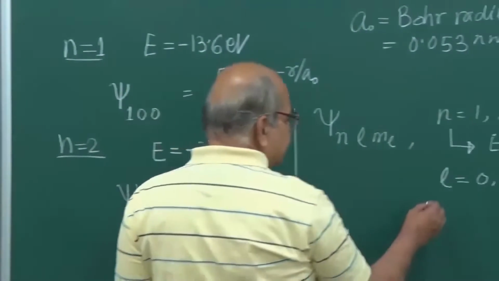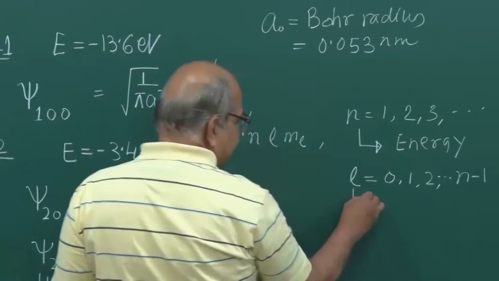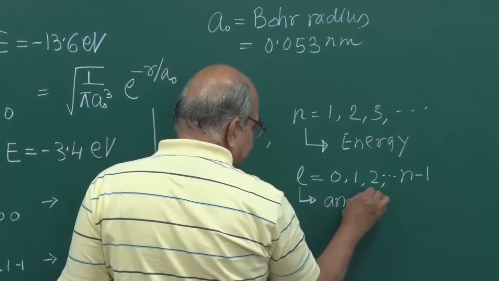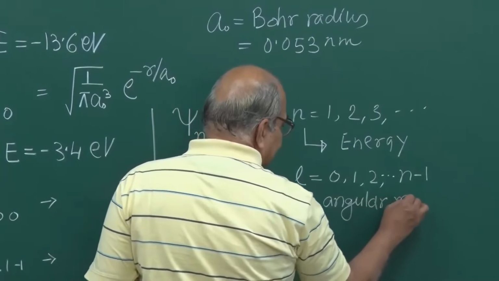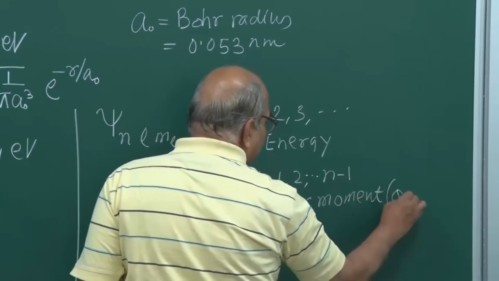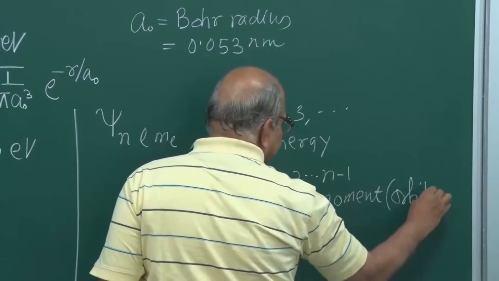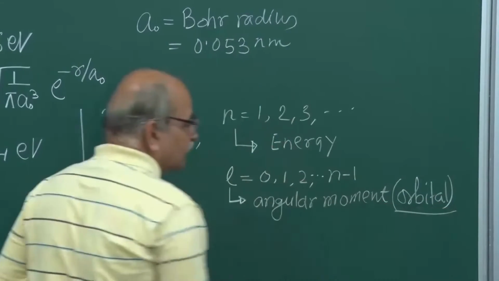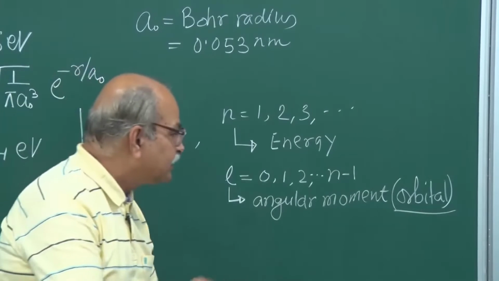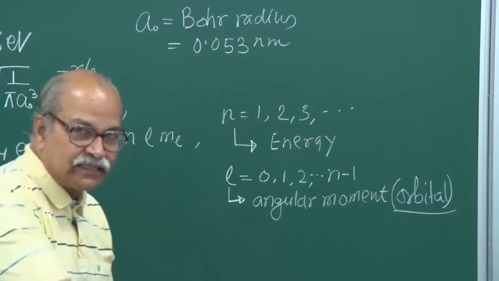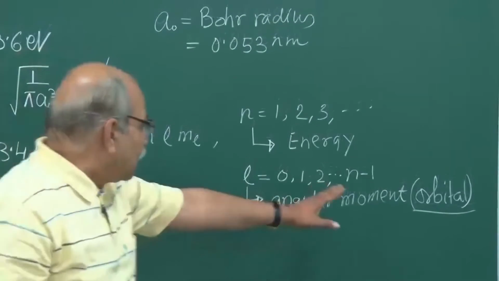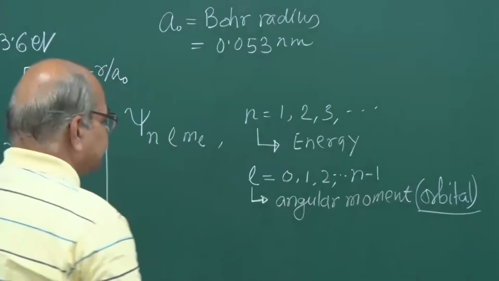This L is related to angular momentum, and in fact we call it orbital angular momentum. Don't go by the meaning of orbital, as if there's some orbit. Just take it as a name.